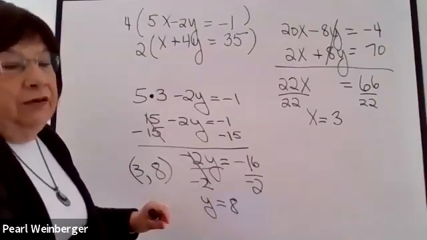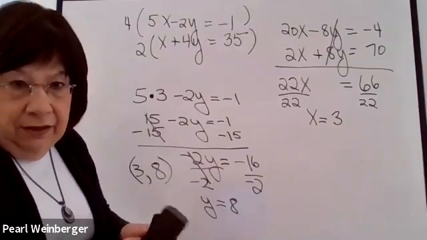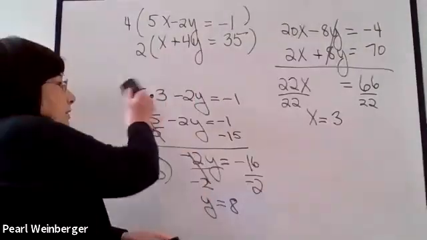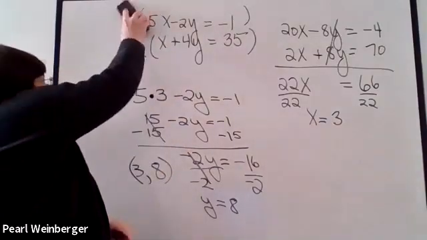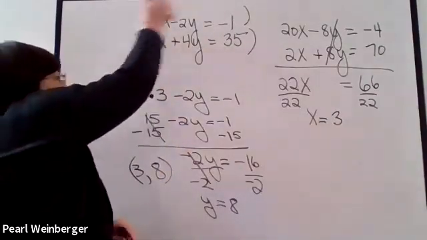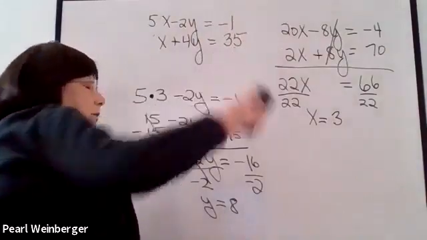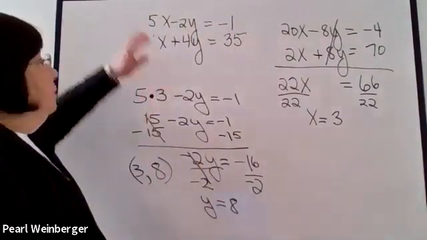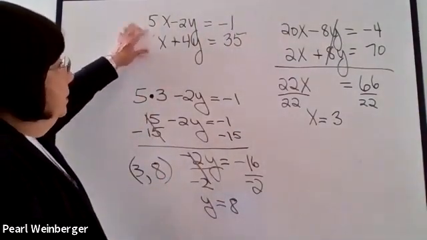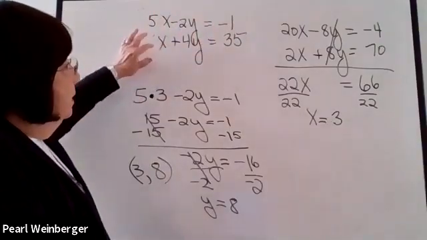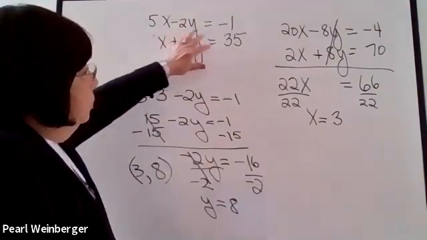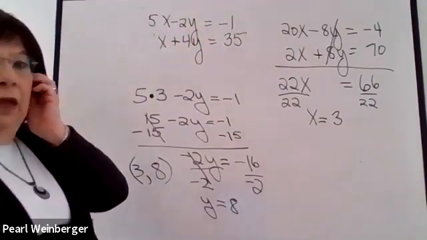All right. You know what? I'll start it from the beginning. Here's what I started out with. I started out with these two equations: 5x minus 2y equals -1, and x plus 4y equals 35.